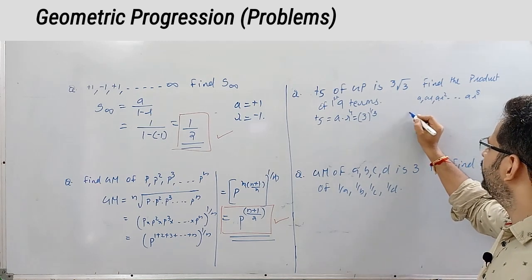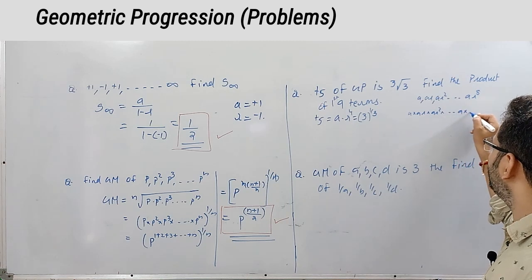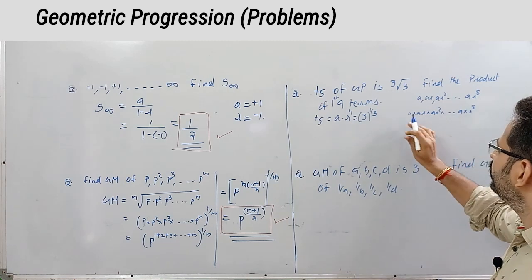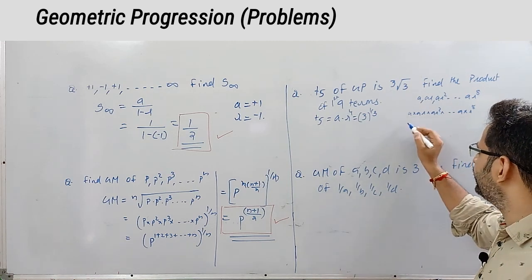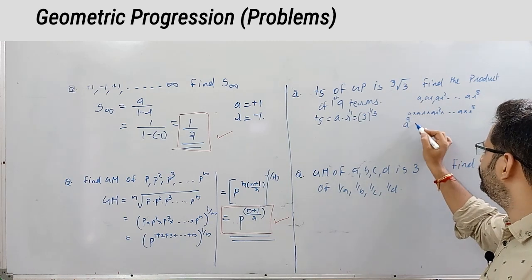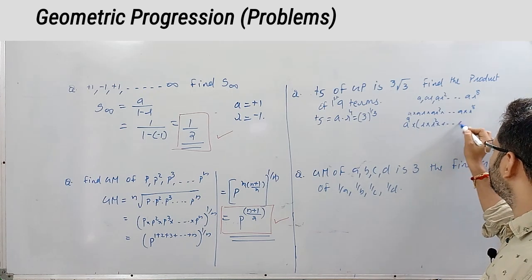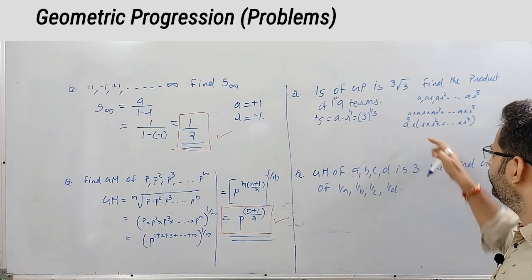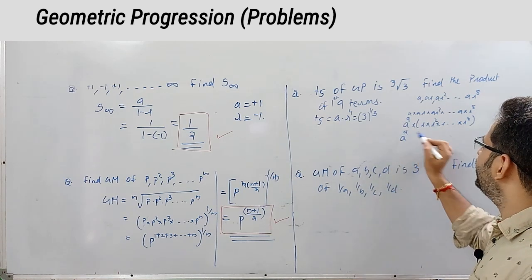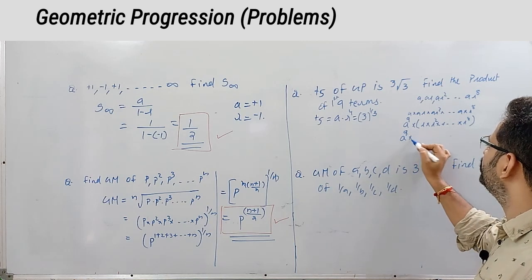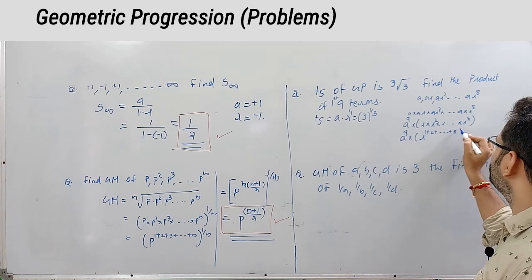Okay, the product is A into AR into etc. up to AR raised to 8. Now all the terms contain A, that means A is multiplied 9 times. We can write A raised to 9 into R into R² into etc. up to R raised to 8. Again using the property of indices, A raised to 9 into R raised to 1 plus 2 plus etc. up to 8.